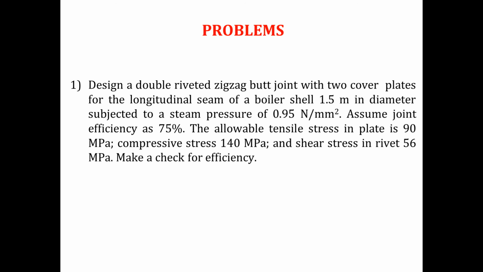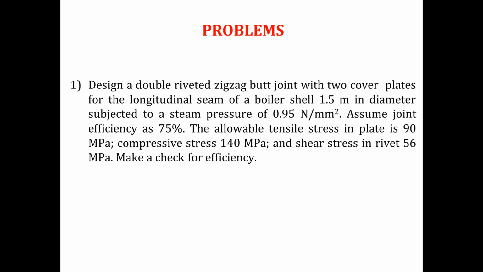That means what is given in the problem? You have to design a double riveted zigzag butt joint. That means the value of n is 2 because it is double riveted. Which type of butt joint? Zigzag type of butt joint with two cover plates. That means it is a case of two cover plates and we are designing the longitudinal seam of a boiler shell of 1.5 meter diameter. This 1.5 meter is the diameter of the boiler shell, capital D, given to you.